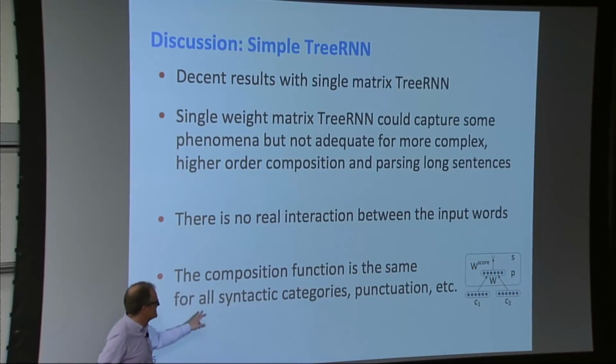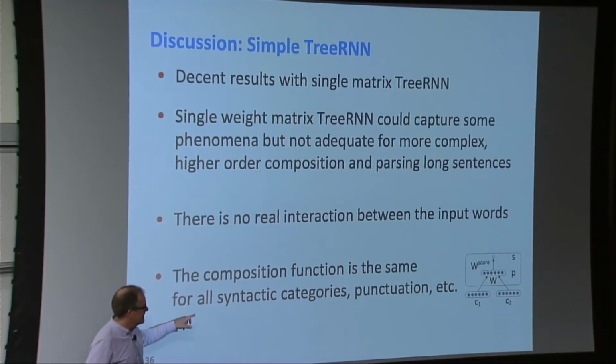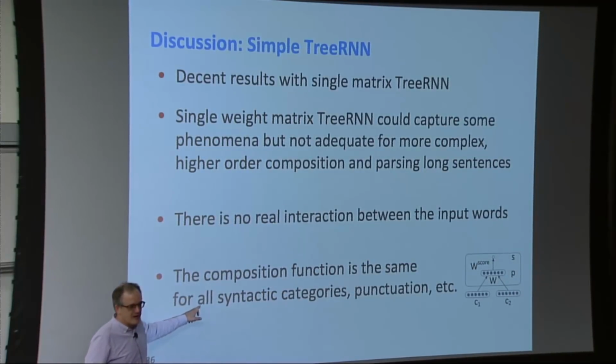But the other way in which this seemed too simple is that in the first model, we had just one weight matrix which we used for everything. If you're a linguist thinking about the structure of language, you might think, wait a minute, sometimes you're putting together a verb and an object noun phrase, hit the ball. Sometimes you're putting together an article and a noun, a ball.